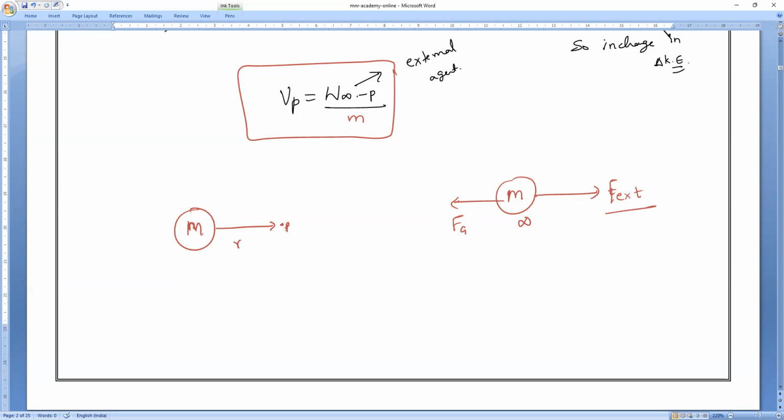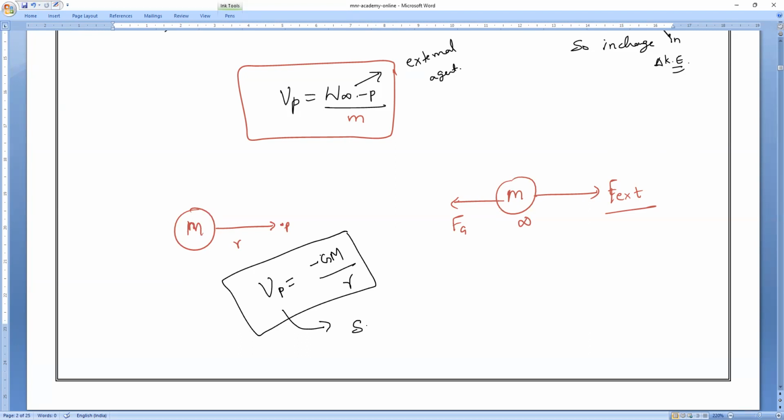So what will happen in this case? The formula will come: Vp is equal to minus Gm divided by R. I hope you are clear, everyone. So Vp is equal to minus Gm divided by R.